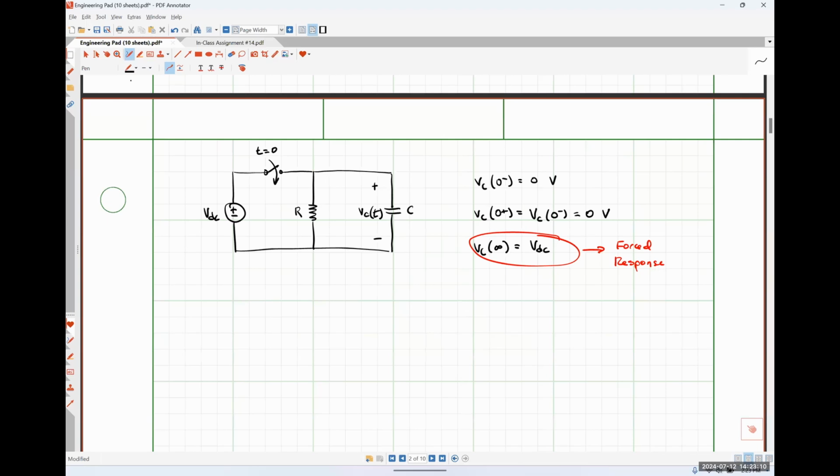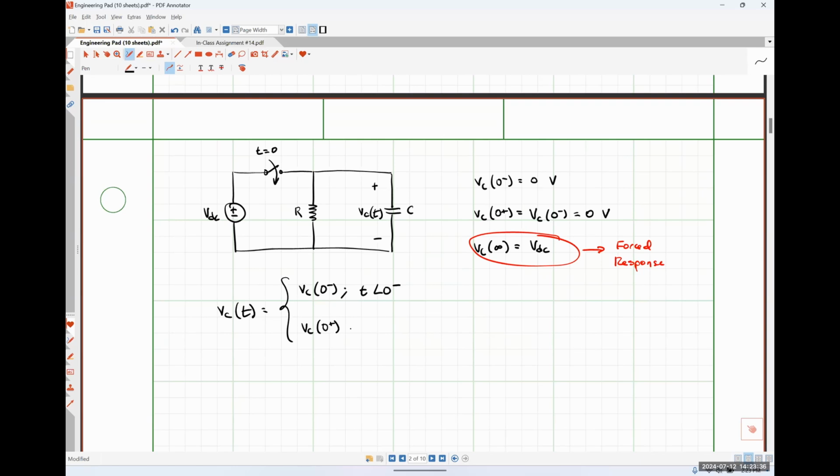Okay. So that means that our capacitor voltage as a function of time will simply be whatever our natural response was. So that would be VC at 0 minus for t less than 0 minus. And then we would have VC at 0 plus.